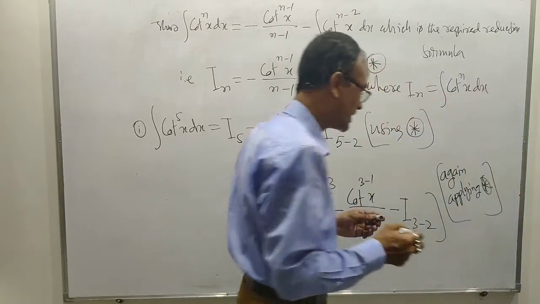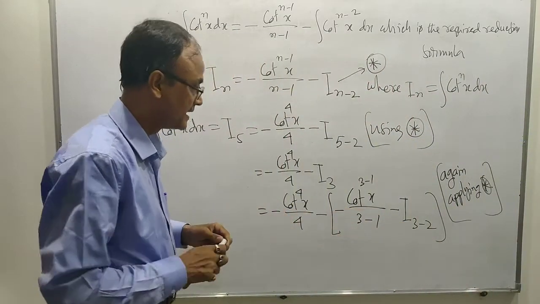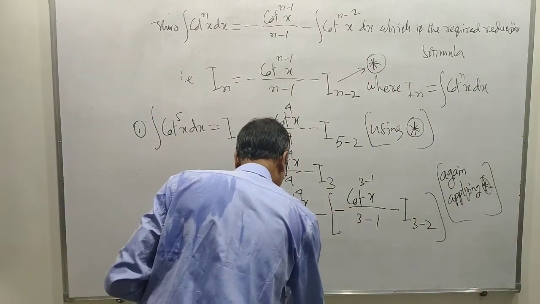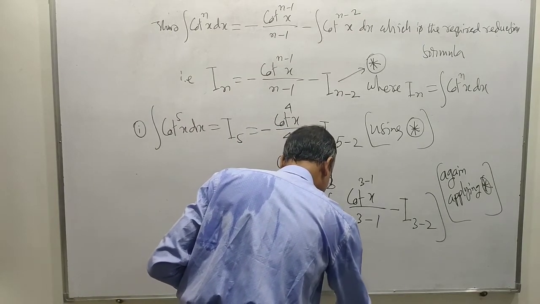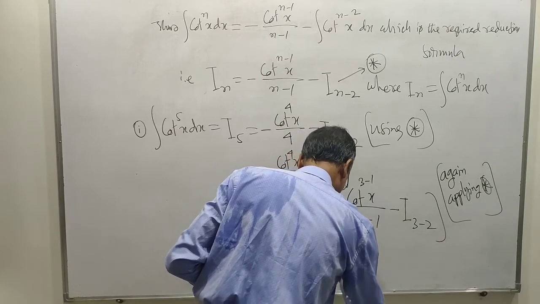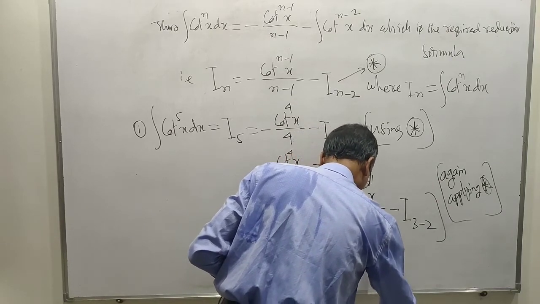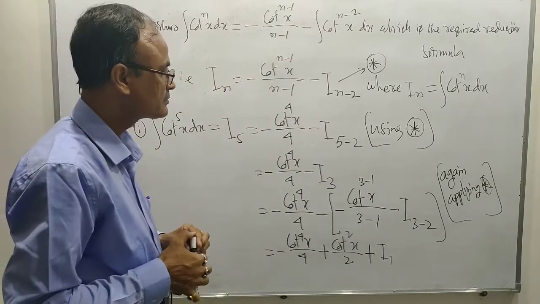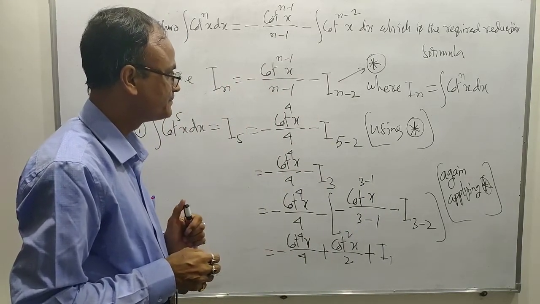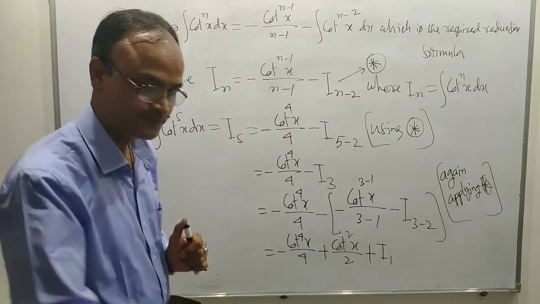Again applying star, you will get this one. This is equal to minus cot to the power 4 x divided by 4 plus cot square x divided by 2 plus I_1. Am I right?